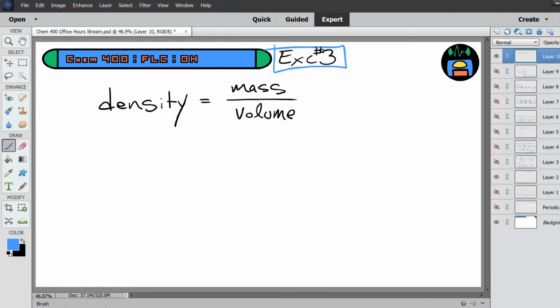And the most common density unit that we deal with in chemistry is definitely grams per milliliter, but the reality is that this numerator could be any mass unit. You could have any mass unit in the numerator as long as it is a unit for mass, and in the denominator you could have any volume unit.